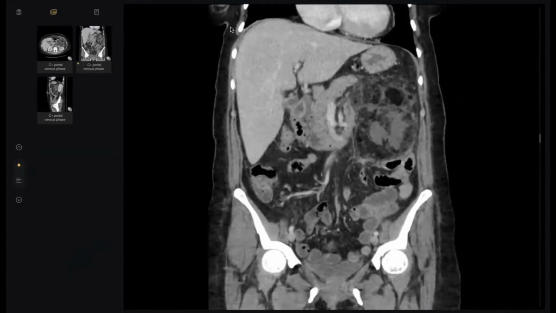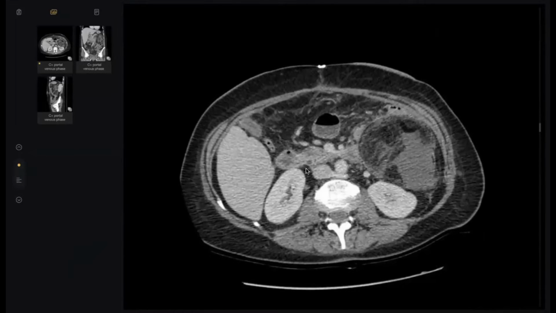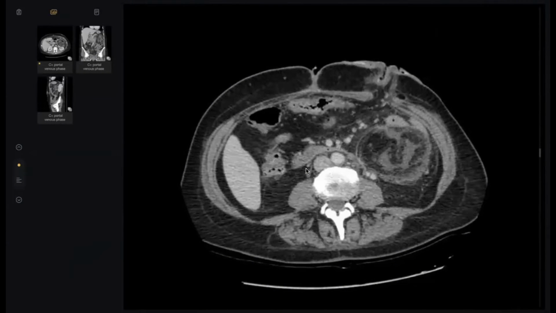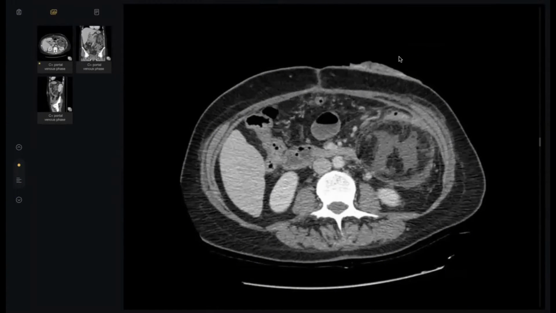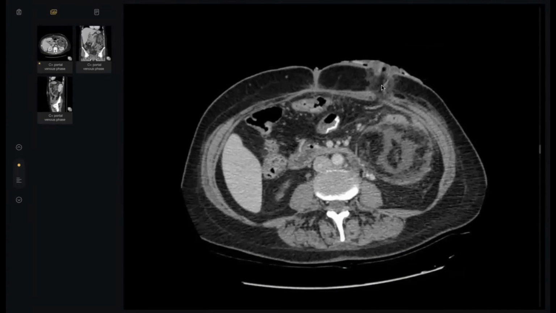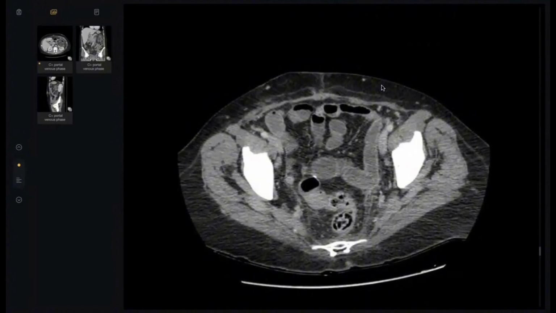This is a post-operative case, and many examiners will not give you all the details. Why? Because see here, there are a median laparotomy and a colostomy, and there are surgical clips. Many signs.